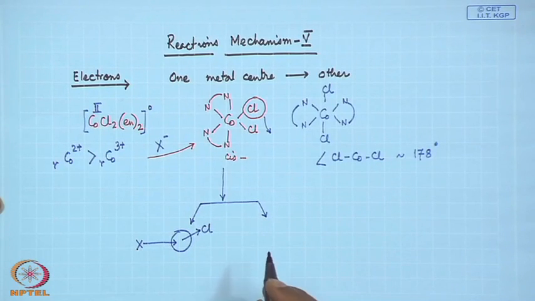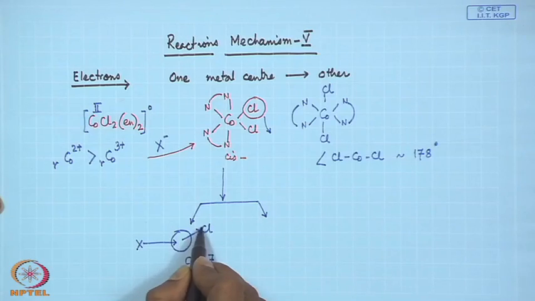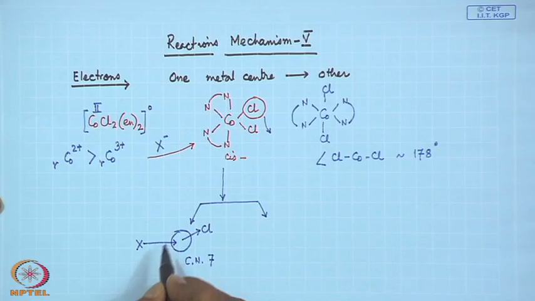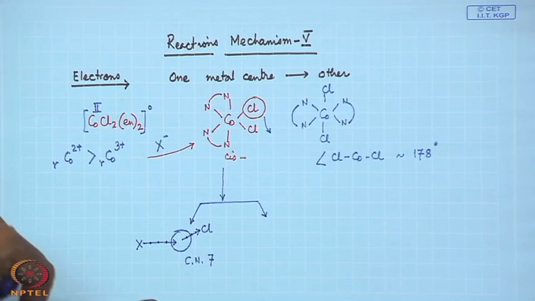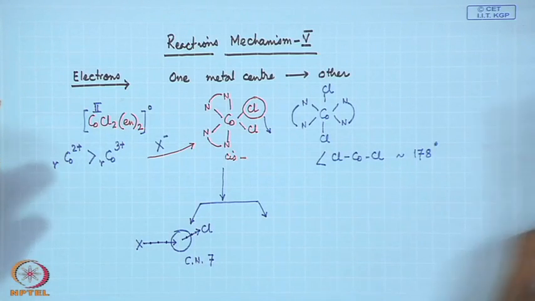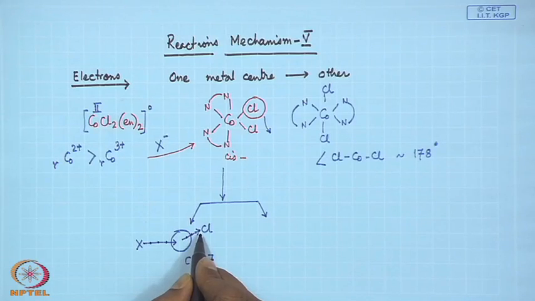So, this is one particular situation where our coordination number can be increased to 7, where these 2 bonds are pretty weak. One is going to break, another is going to form. We can consider this with dotted lines for these longer bond distances of cobalt X and cobalt Cl.